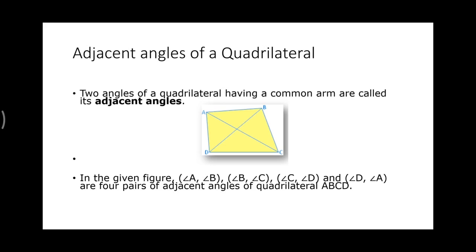Same as angle C and angle D, both are on the side of CD. That's why angle C and angle D are adjacent angles, and angle A and angle D are also adjacent as they are on the side AD. Meaning if two angles are on the same side, then they will be adjacent angles.